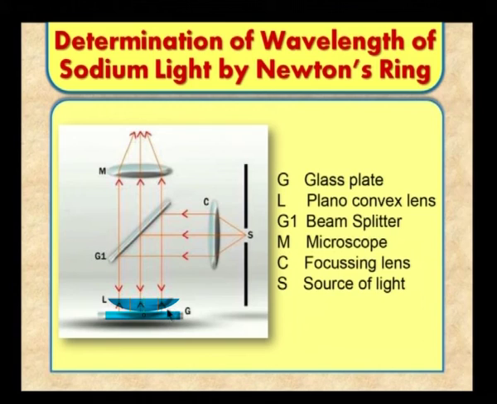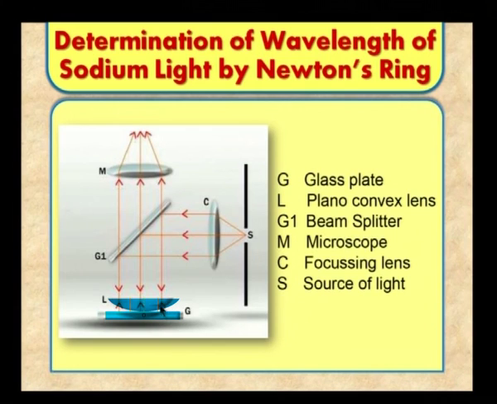Then what is the other light ray? Interference means there should be two beams. One beam is obtained because of the reflection of the light ray at this surface, right, the bottom surface of the lens. The other light ray will be the light ray reflected from the top surface of the glass plate. This point should be made clear, should be understood.